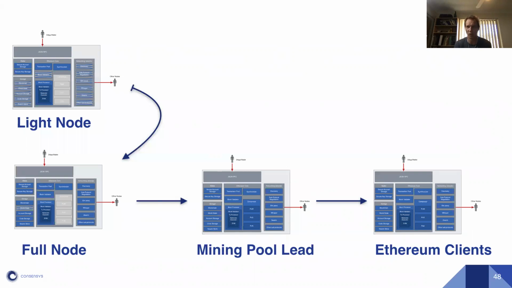And then it's going to publish that out to the world of Ethereum clients and distribute that out. So that's the big picture of how a transaction goes from a single person out to the rest of the system.